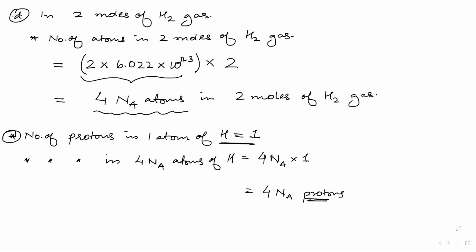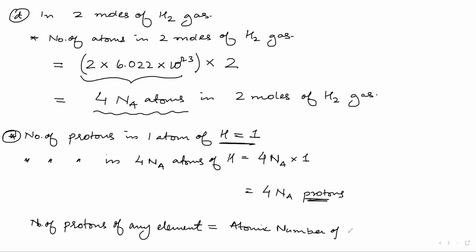Oh, okay, fine. See, the number of protons in any element. Please write this thing down. Number of protons of any element is equal to the atomic number of that element.